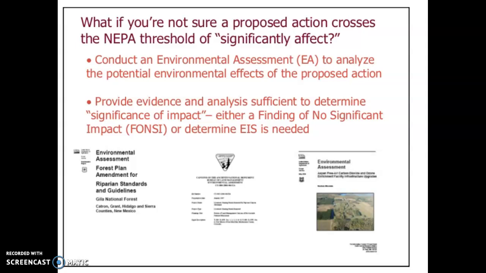So we can conduct an environmental assessment to analyze the potential, as we've talked about, of the proposed action, and then provide evidence that's litigation proof, is what we'll talk a little bit more about too. When you come to the conclusion that there's a finding of no significant impact or a FONSI, or determine that an EIS is actually needed.